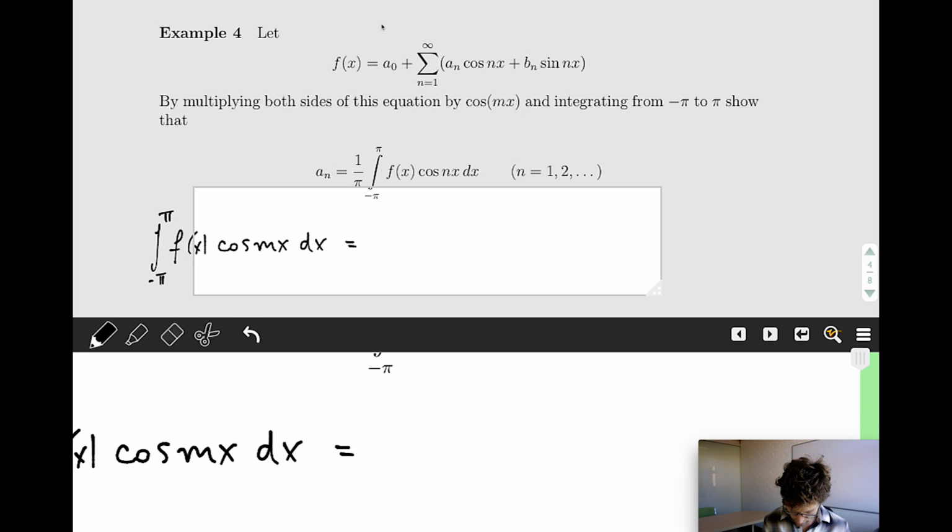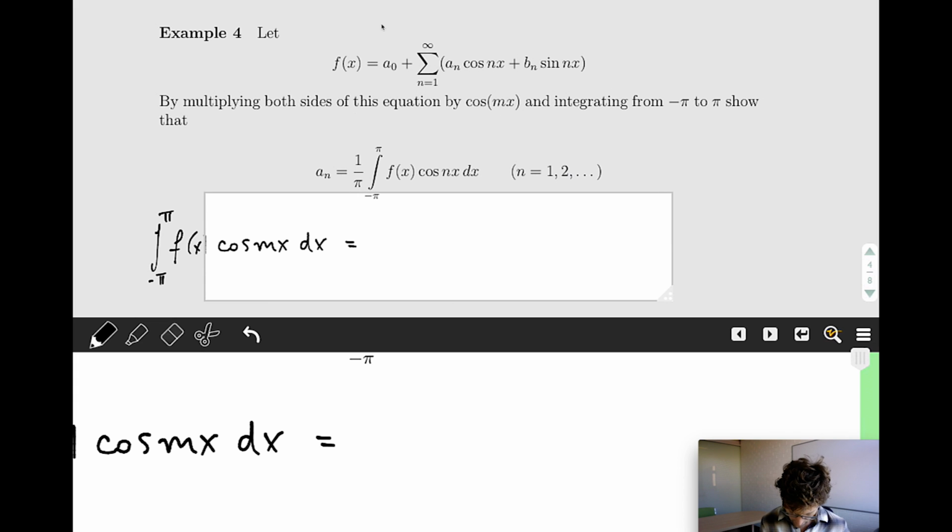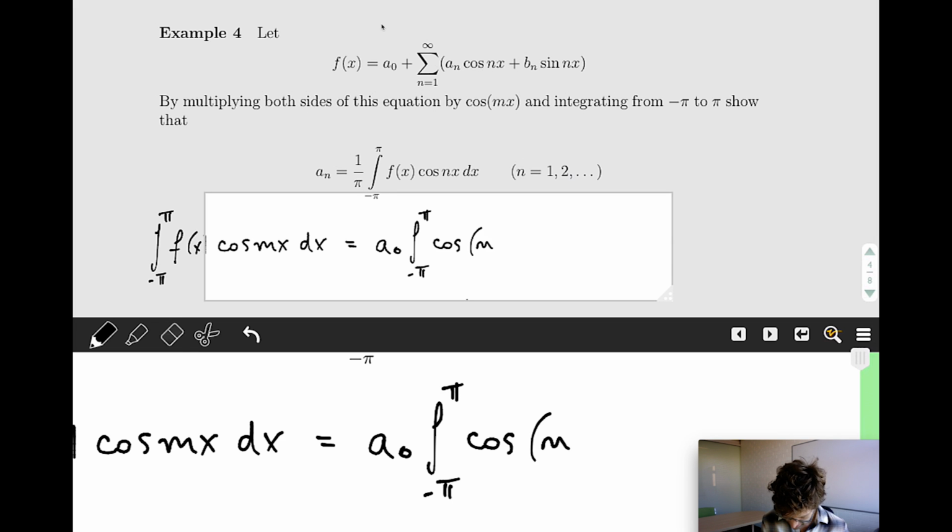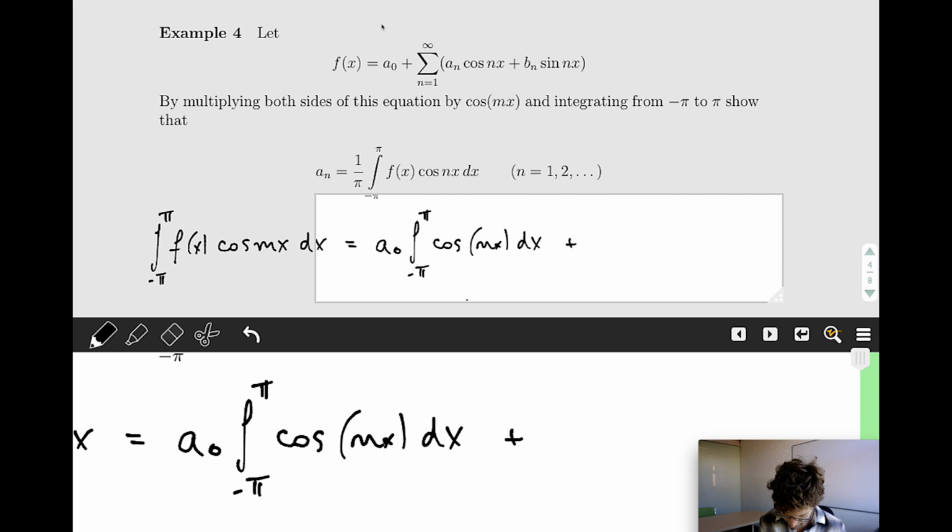And that's going to be equal to a0 integral from minus pi to pi of cosine mx dx, plus, we saw that we could take the integration through the summation sign, through the an.